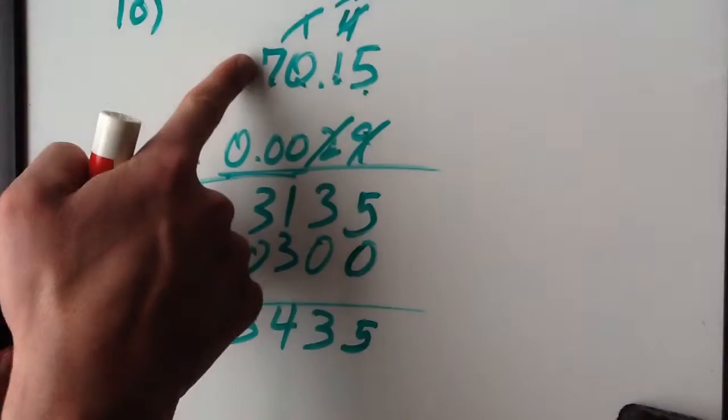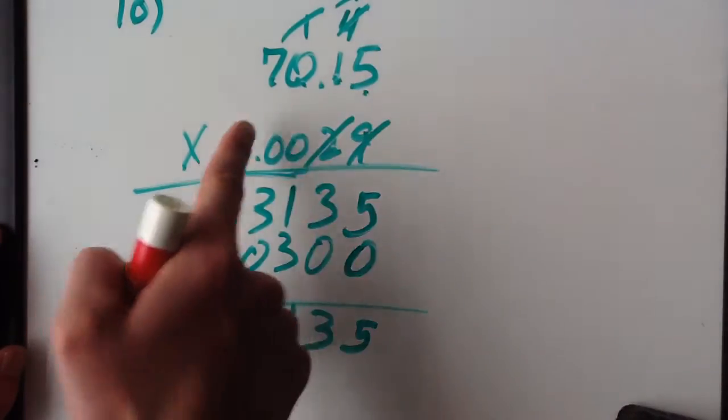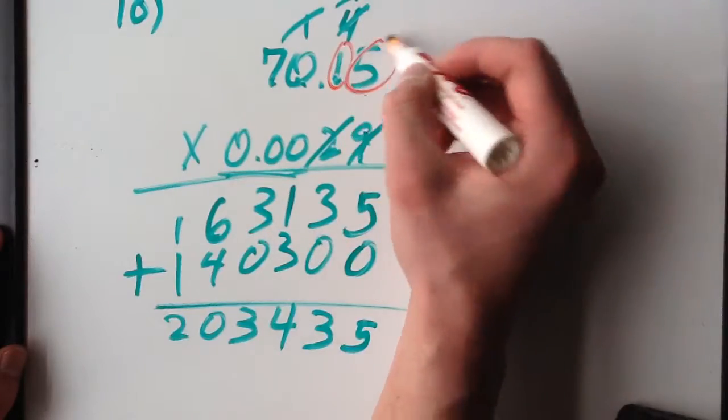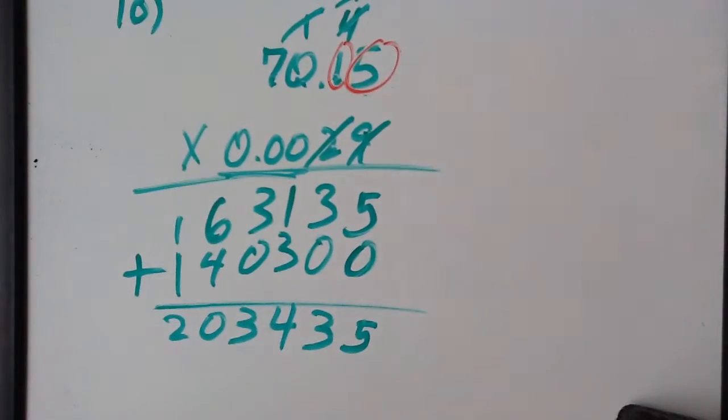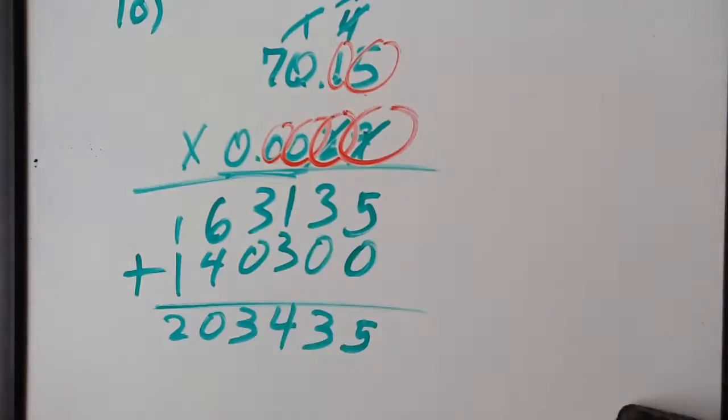So let's look at my first number in my original problem. It was 70.15, so I had 2 digits after the decimal. And my second number, I had 1, 2, 3, 4 digits after the decimal. So in total, I had 6 digits after the decimal point. So in my answer, I should also have 6 digits after the decimal point.